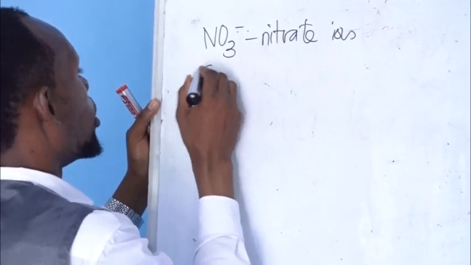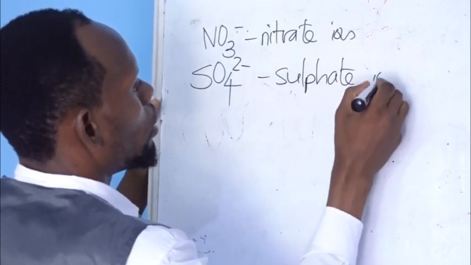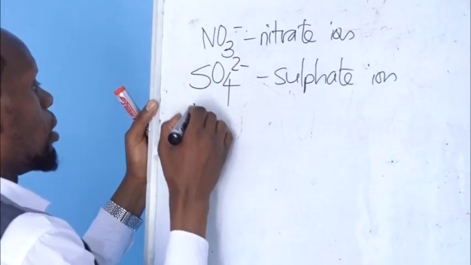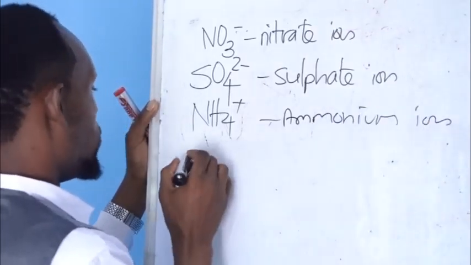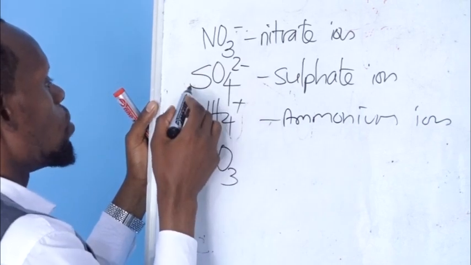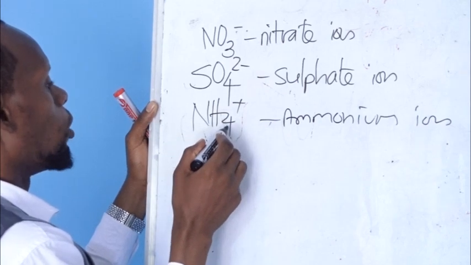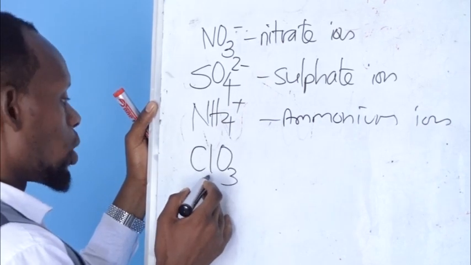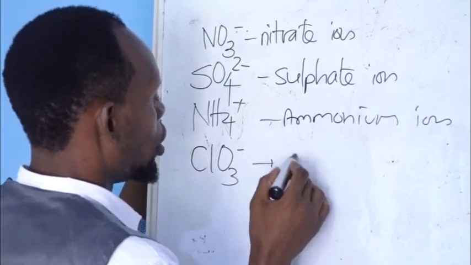Another, maybe this one, is called the sulfate ion. We have another called the ammonium ion. So here, a group of nitrogen and 3 oxygen; a group of 1 sulfur and 4 oxygen; a group of nitrogen and 4 hydrogen; a group of 1 chlorine and 3 oxygen. This is called the chlorate.